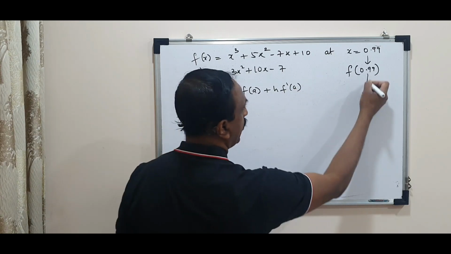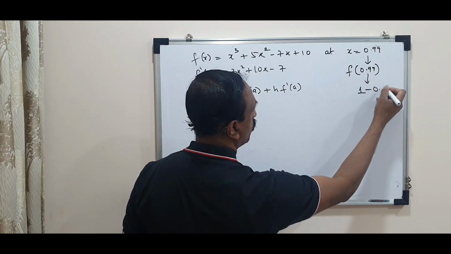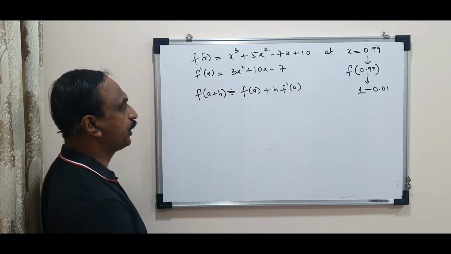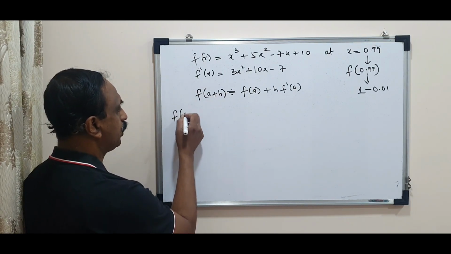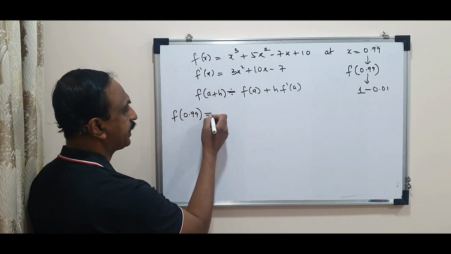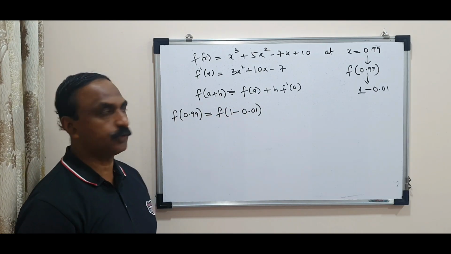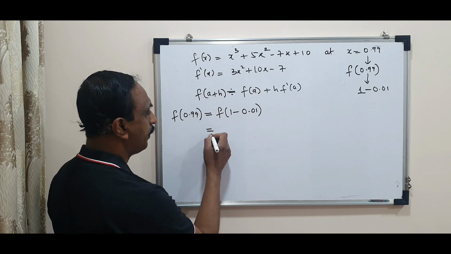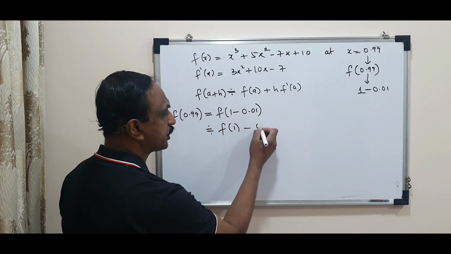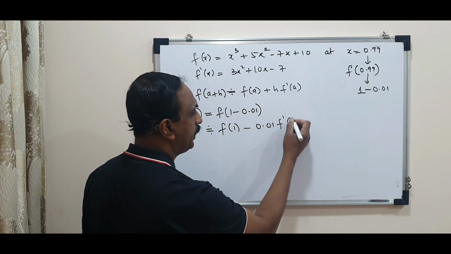Now 0.99 is near 1. 1 minus 0.01 is 0.99. So f of 0.99, I will write it as f of 1 minus 0.01, because f of 1 is easy to calculate, which is approximately equal to f of 1 minus 0.01 into f dash of 1.